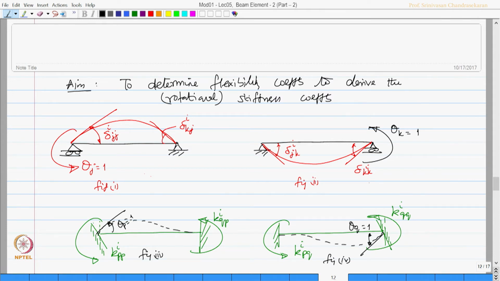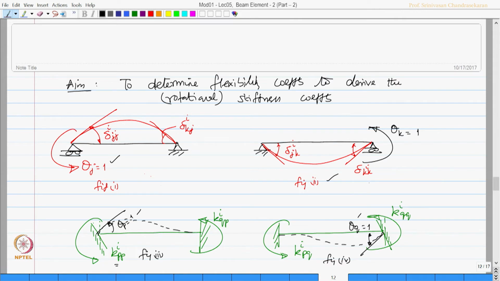Let us refer to these 4 figures and understand what we have done in these figures. Figure 1, we have given unit rotation at the jth end. Figure 2, unit rotation at the kth end. Figures 3 and 4 show the rotational coefficients caused because of that rotation at jth end and kth end respectively.